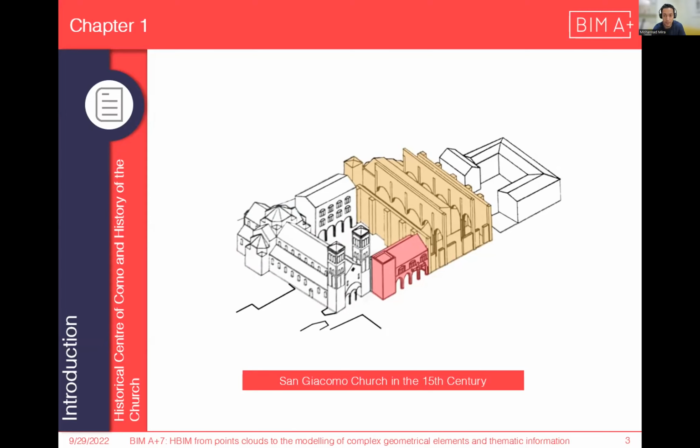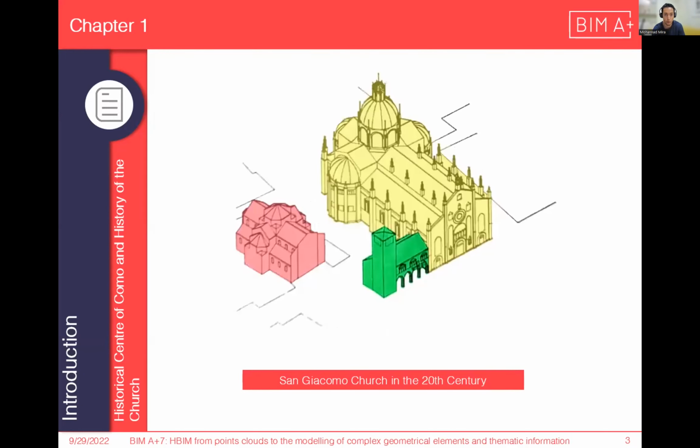They even started by demolishing some of the areas between the facade of the church itself and the Palazzo del Pretorio. And you can see from this slide that even the beginning of the church itself was removed due to the expansion of the road that was created for public use.